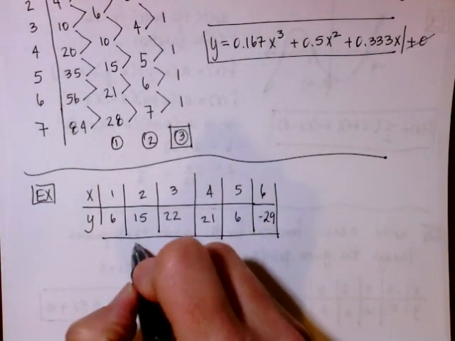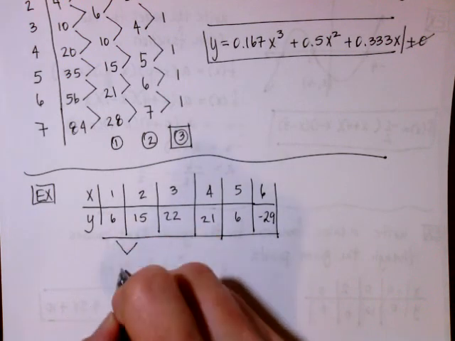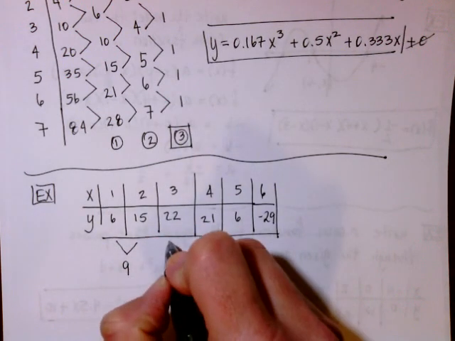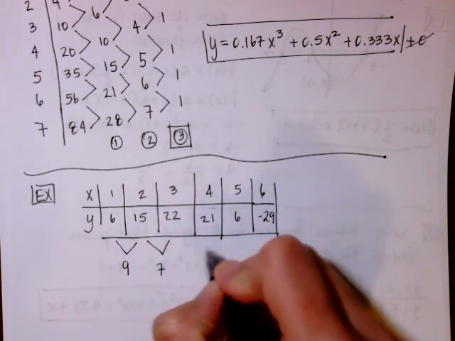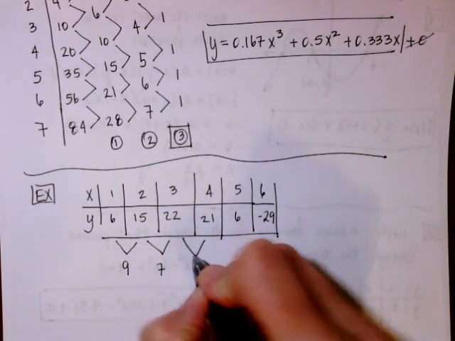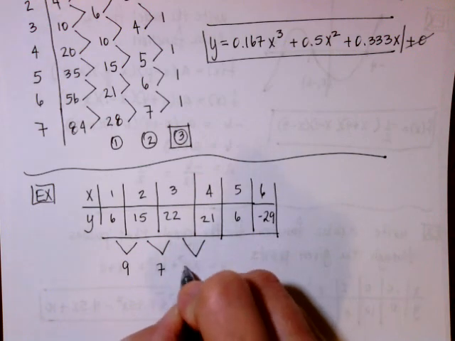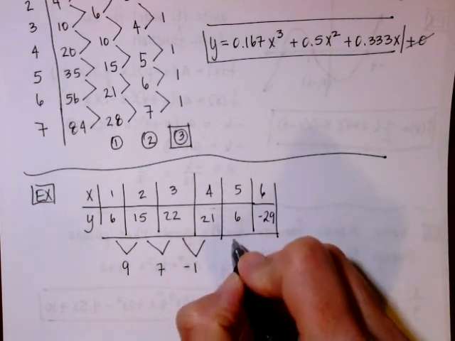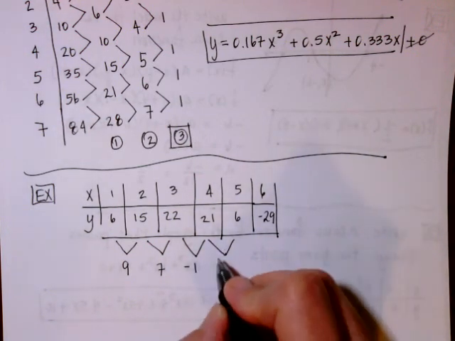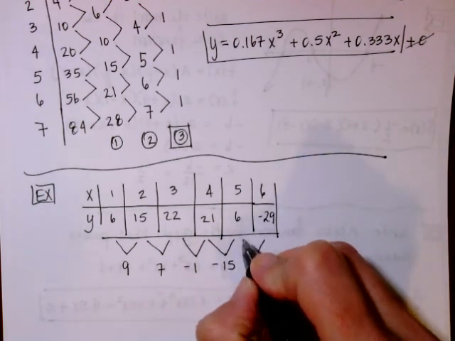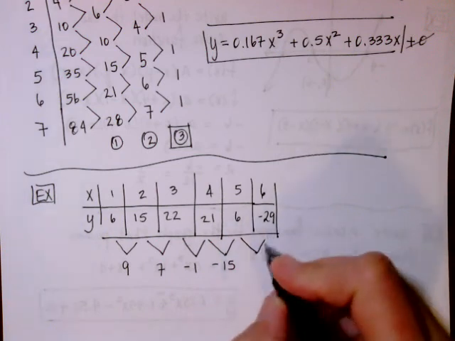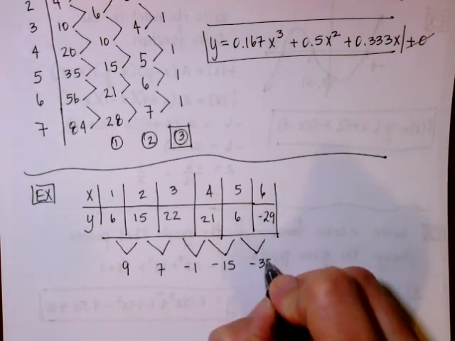Now they would do 15 minus 6, and they would get 9, 22 minus 15, and I would get 7, 21 minus 22, and I would get a negative 1, 6 minus 21, and I get a negative 15, and a negative 29 and a negative 6 is a negative 35.